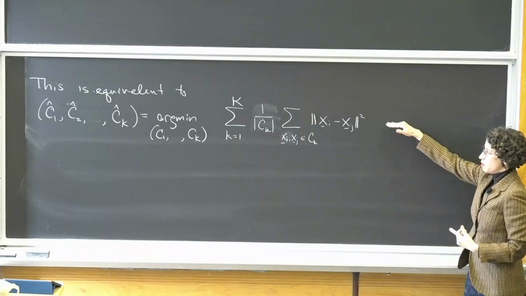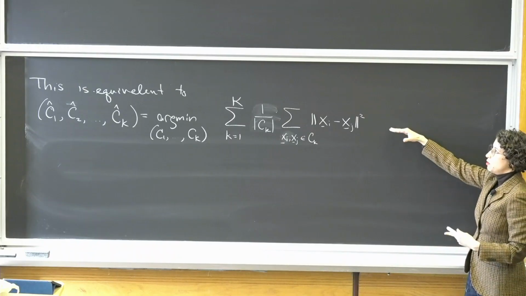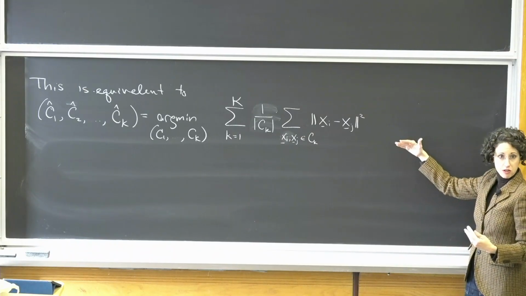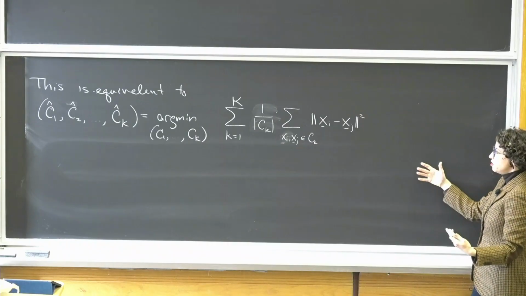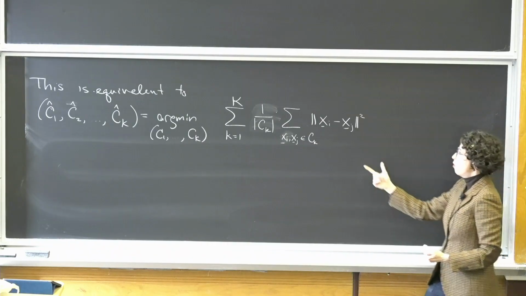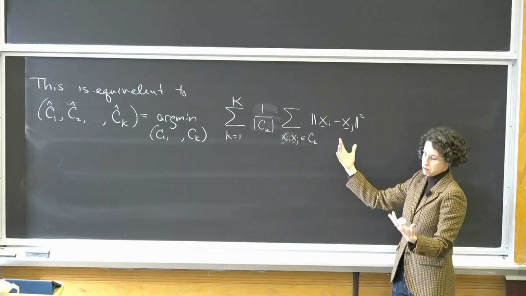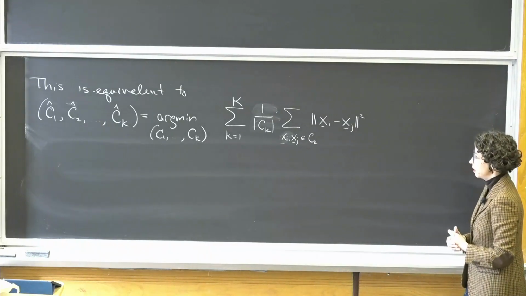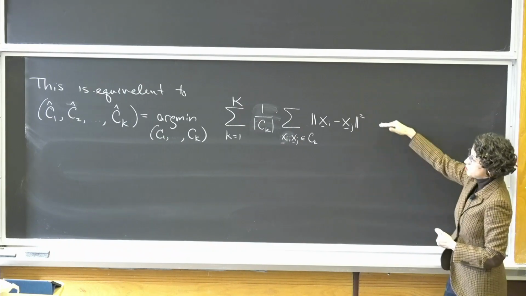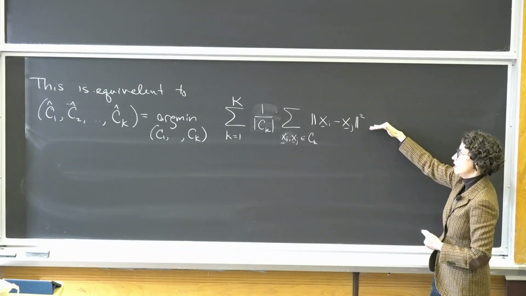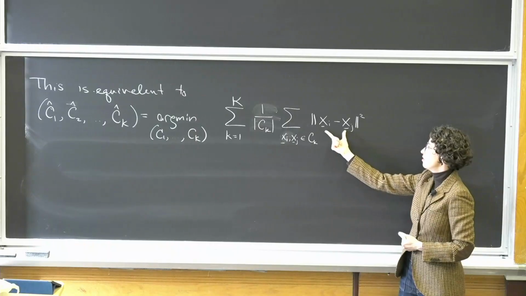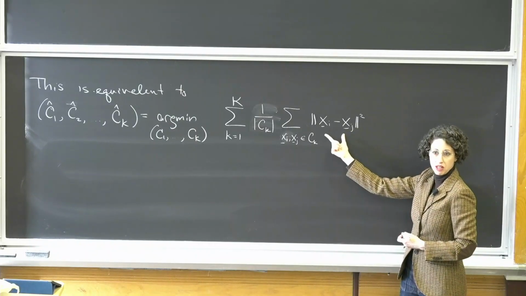So this formulation here goes back to our original definition of clustering, where we said we wanted to choose clusters so that points within the same cluster are close together. That was our goal. That's what we think of a cluster as being. And so this objective function here explicitly is saying we're looking at the sum of the squared distances of the points within each cluster.